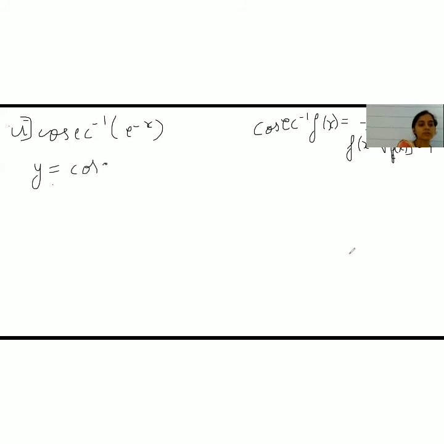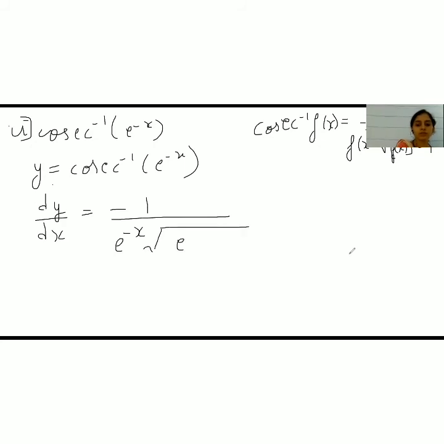Y is equal to cosec inverse of e raised to minus x. So dy by dx is equal to cosec inverse f of x will be minus 1 upon f of x, so e raised to minus x root of f of x the whole square e raised to minus x the whole square, right? And we have minus 1 multiplied by f dash of e raised to minus x.